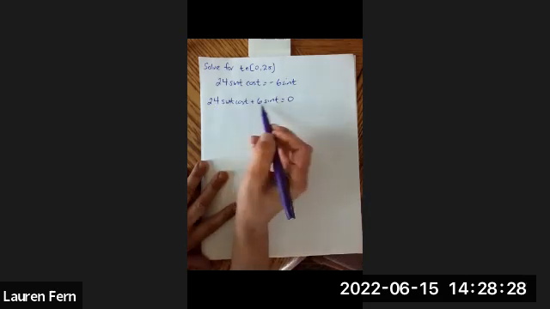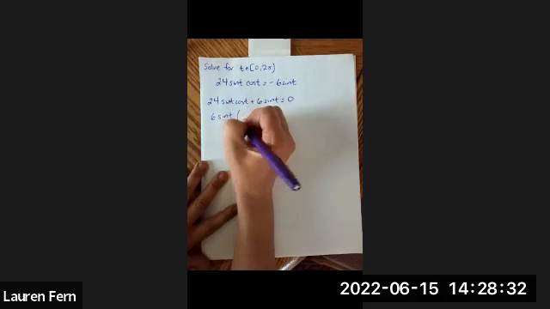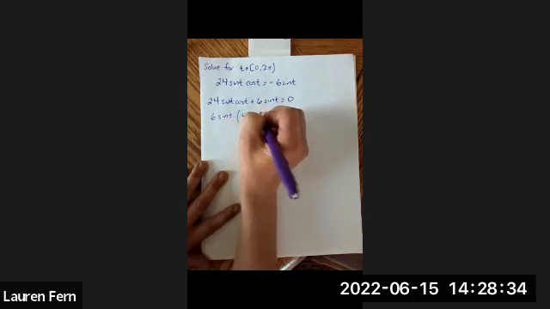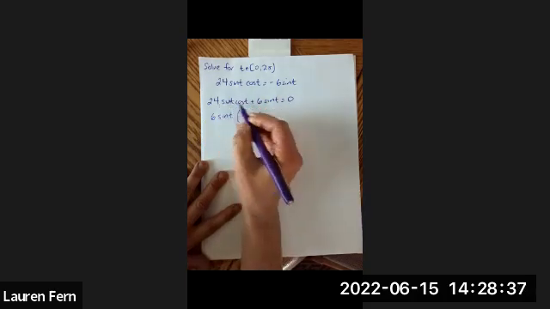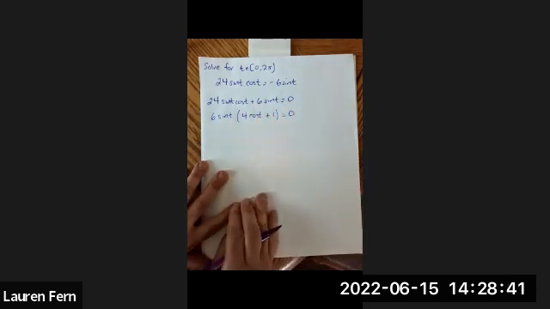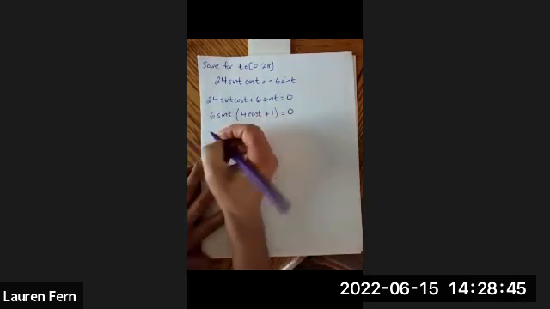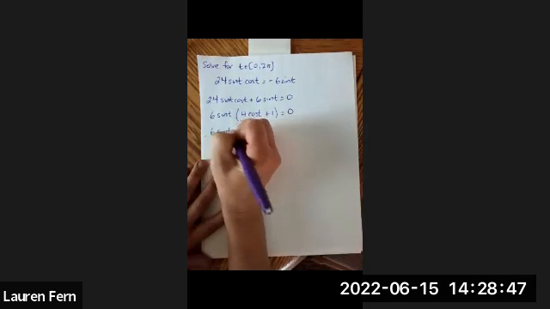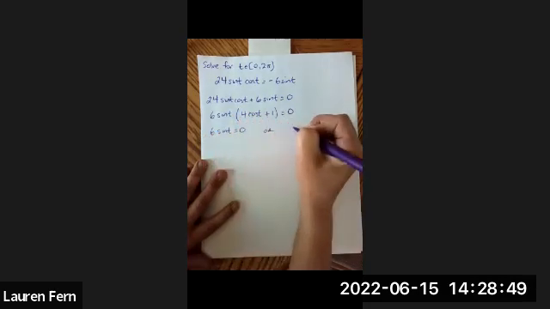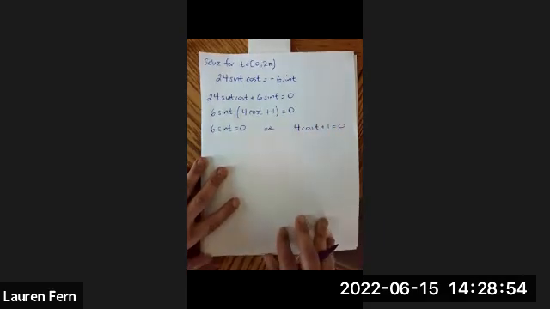And I look at those two terms and I say, I can pull out a 6 sine t. And if I do that, I claim I'm left with 4 times the cosine of t plus 1. Notice I have the product of two things equal to 0. So either my first one is equal to 0 or my second one is equal to 0.